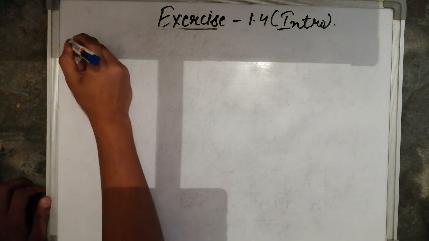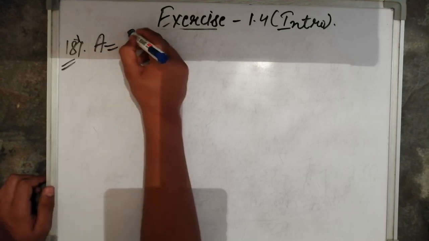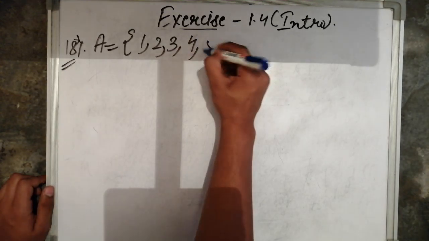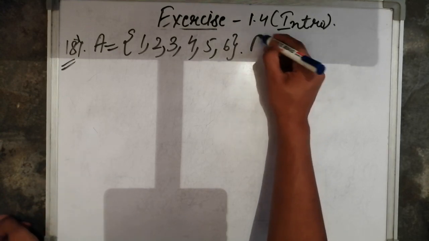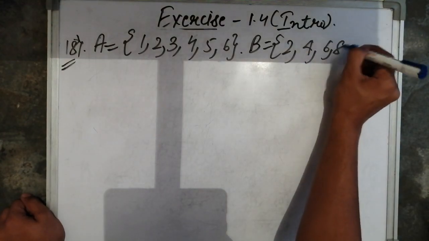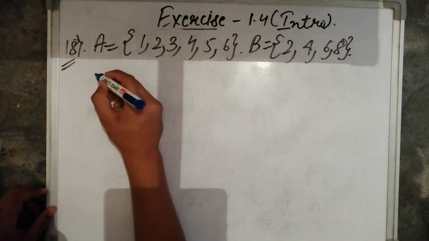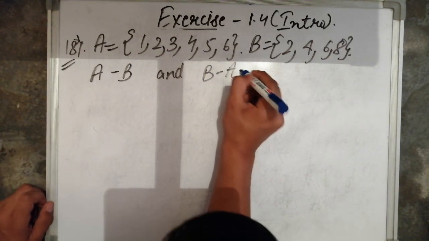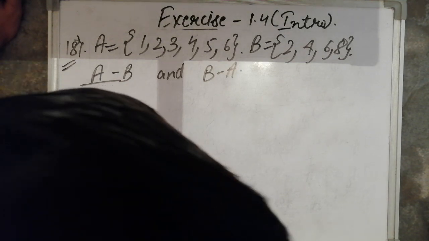Students, let's have a look at example 18, which is: let A is equal to {1, 2, 3, 4, 5, 6}, and set B is {2, 4, 6, 8}. Find out A minus B and B minus A. Let's take its solution.